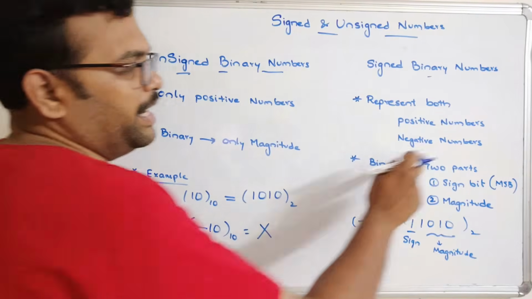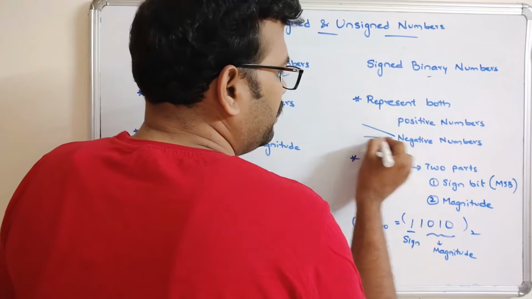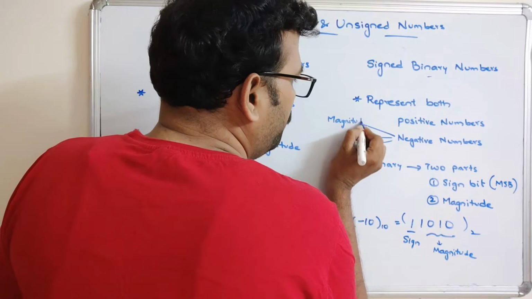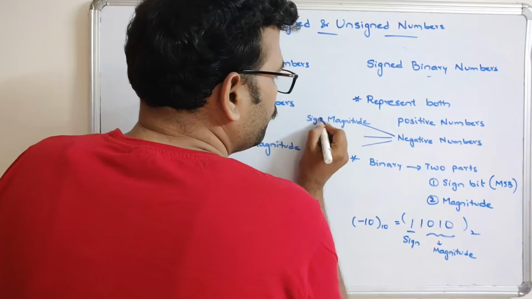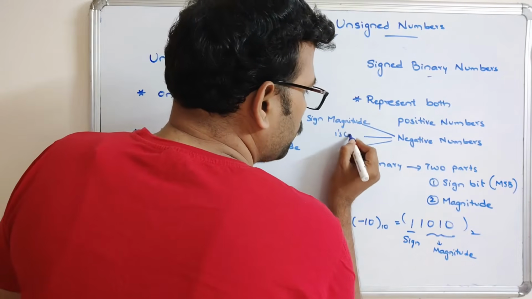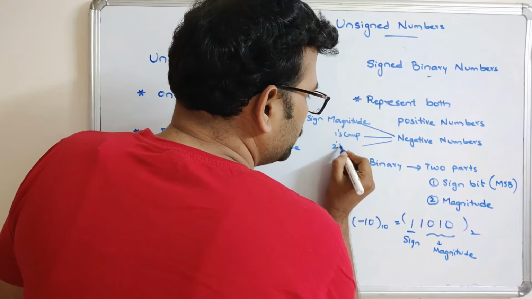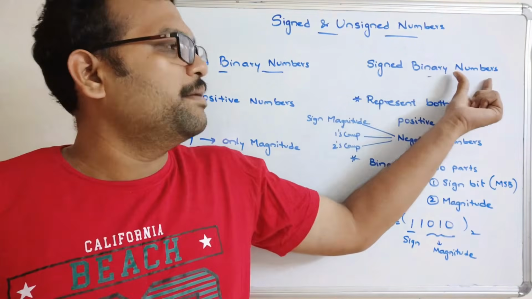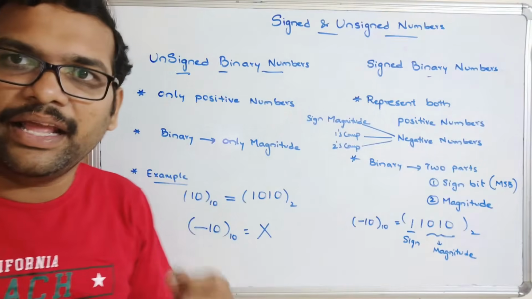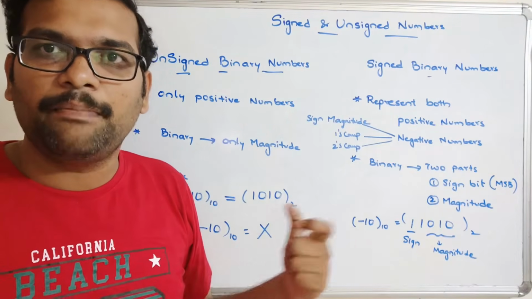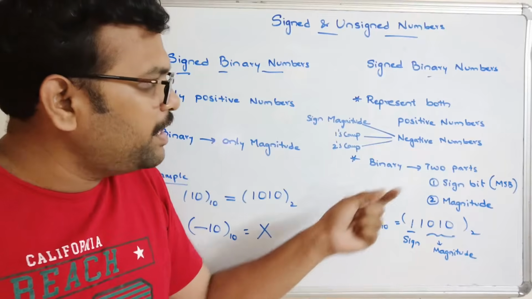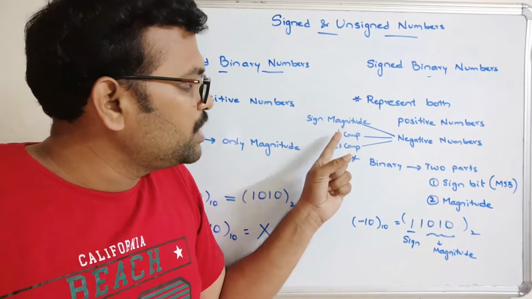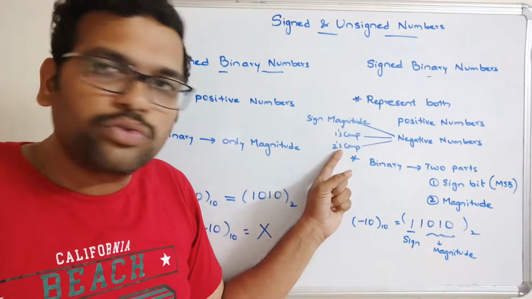Here the negative numbers can be represented in 3 different ways. One is sign magnitude form, another is by using 1's complement, and another is by using 2's complement. So if we are using signed binary numbers, we can represent negative numbers in binary, and that can be done in 3 ways: sign magnitude form, 1's complement, and 2's complement.